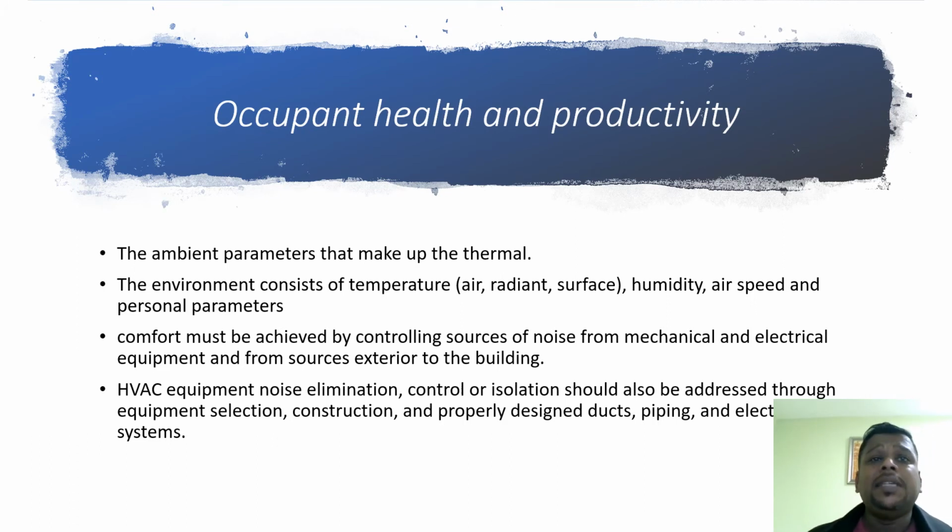Comfort must be achieved by controlling sources of noise from the mechanical and electrical equipment and from sources exterior to the building. HVAC equipment noise elimination, control or isolation should also be addressed through equipment selection, construction, and properly designed duct, piping, and electrical systems.